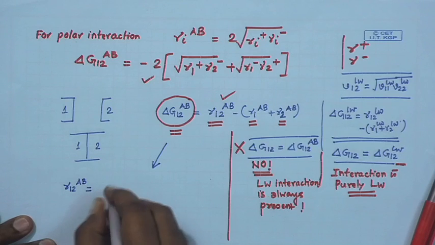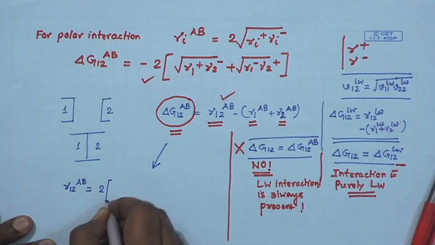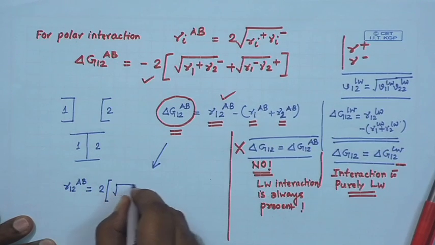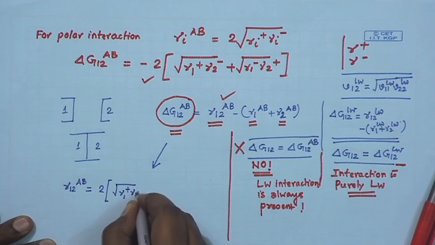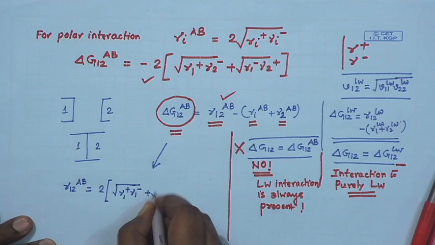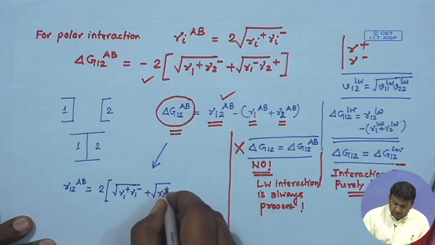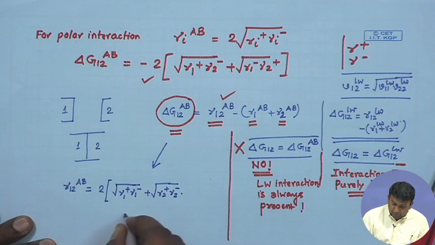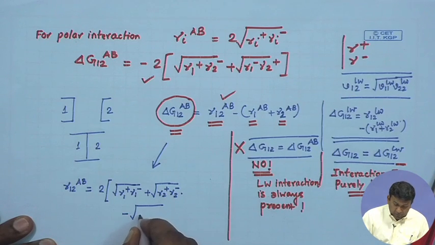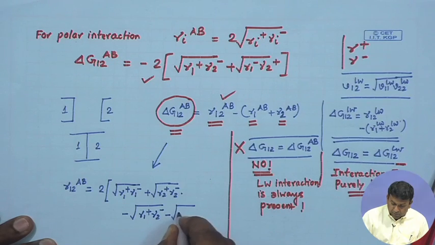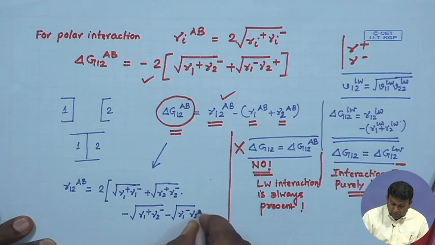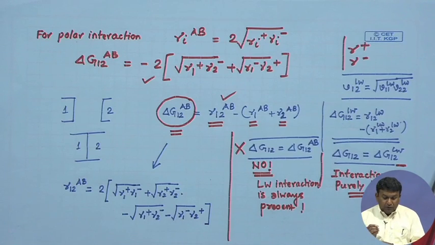Please do not try to remember or mug it up, you can very easily derive it. It looks a little cumbersome, but it is very simple. What you get?